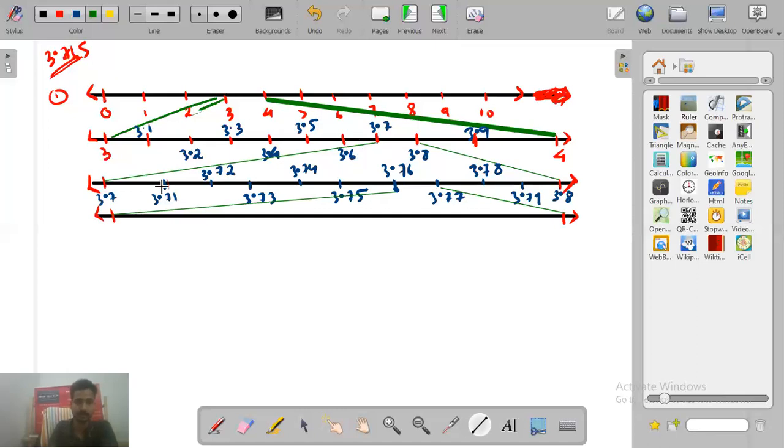Now let me divide. Again, you have to write at the end, it will be 3.76, and it will be 3.77. Again, you have to divide this into 10 equal parts. So how? First part will be how much?